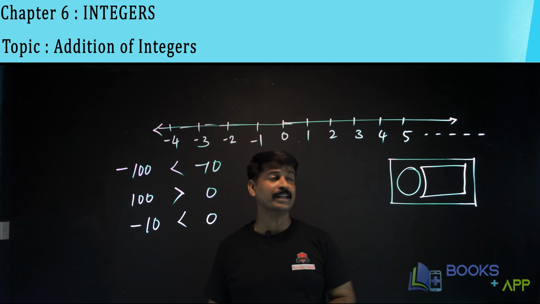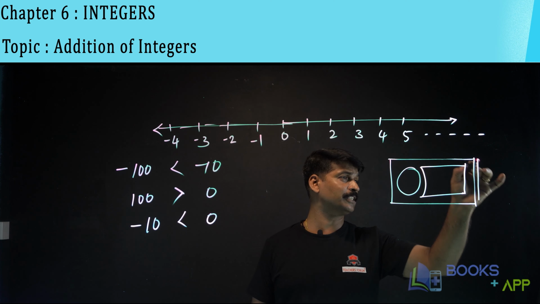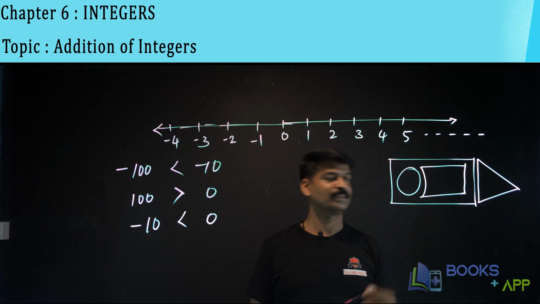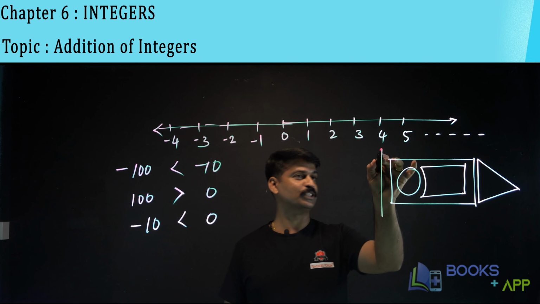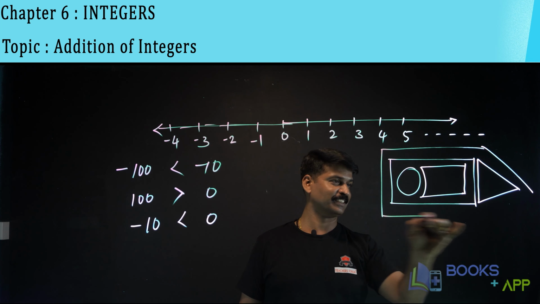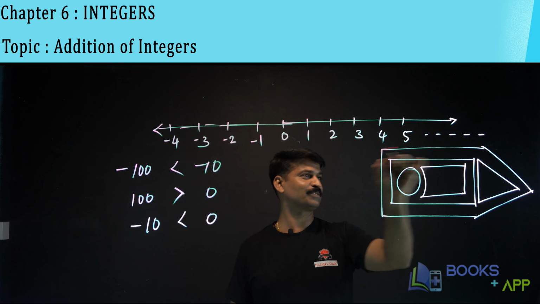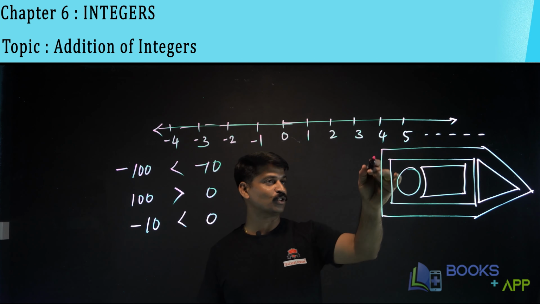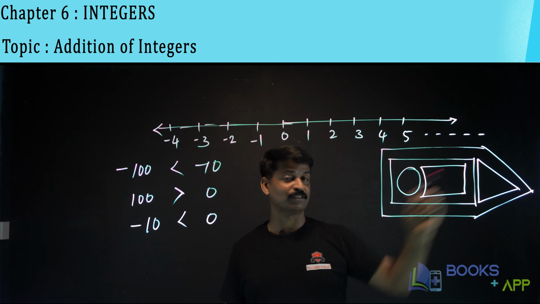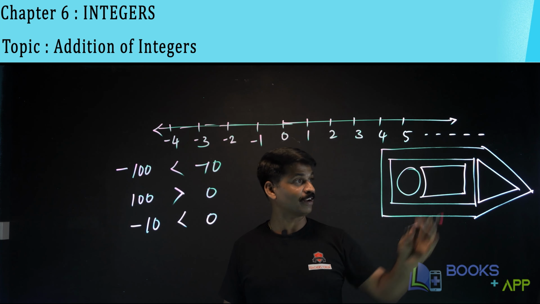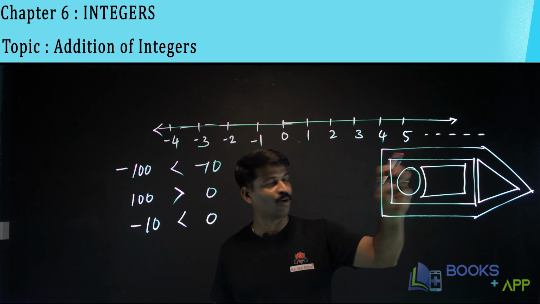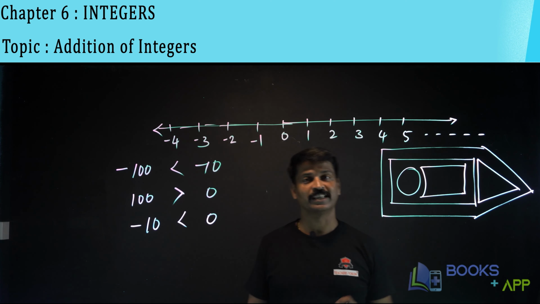Now with these whole numbers, when you add negative numbers, what do you get? Yes, you get integers. So the last box indicates integers. Negative numbers, natural numbers and whole numbers together we call integers.